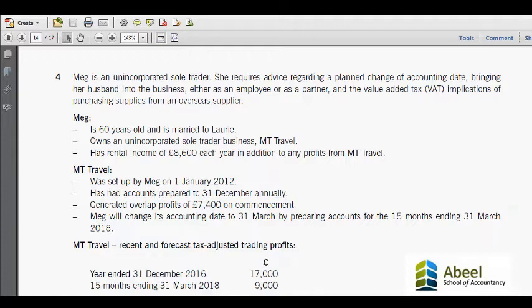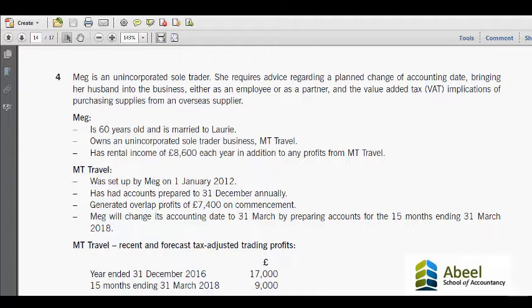But as far as a partner is concerned, if her husband comes into the business as a partner, then salary to a partner is not a deductible expense. Husband as an employee, salary is a deductible expense. Husband as a partner, salary is not a deductible expense.